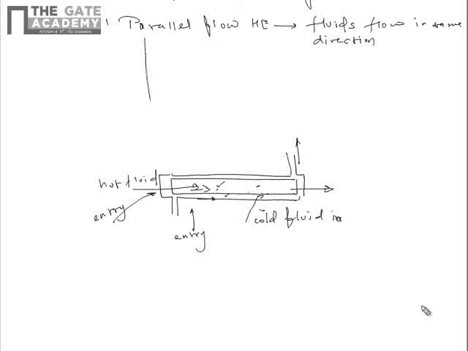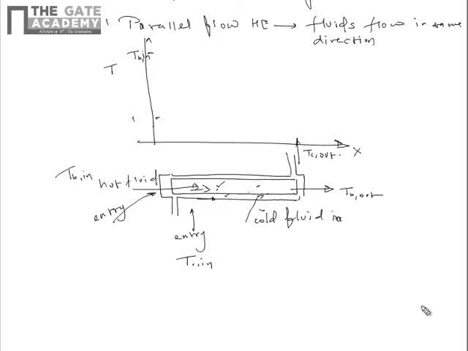So if we draw the temperature along the axis of the heat exchanger, let us say this is x and this is denoting temperature, and I am saying that the hot fluid inlet temperature is Th in and outlet temperature is Th out, and cold fluid inlet temperature is Tc in and outlet temperature is Tc out. And definitely Th in is greater than Tc in. So, let us say this is Th in and this is Tc in.